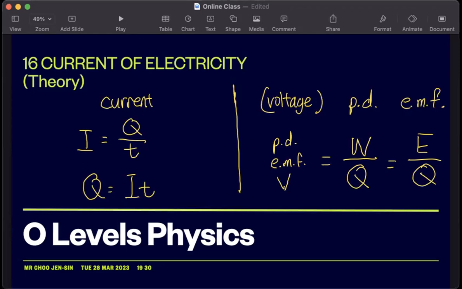Wenxuan, you don't use the word E, use the word EMF. Likewise, don't use the word P, just put PD. That will be the proper way. Write down EMF or PD. Don't write down E. Small e actually doesn't represent EMF.